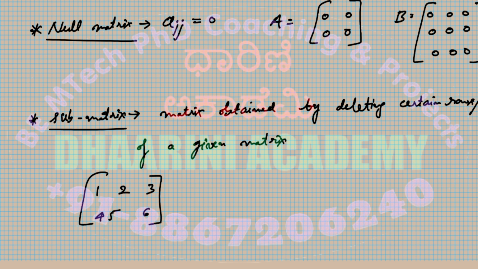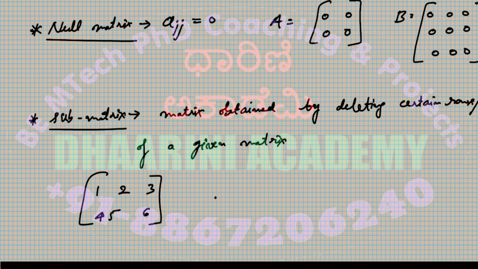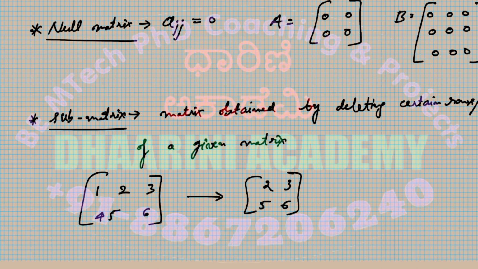It's not that you have to delete both rows and columns. Only one row you can delete or one column you can delete, right? So a submatrix could be simply 2, 3, 5, 6. I just deleted the first column of the given matrix. So 2, 3, 5, 6 is a submatrix of the originally given matrix.